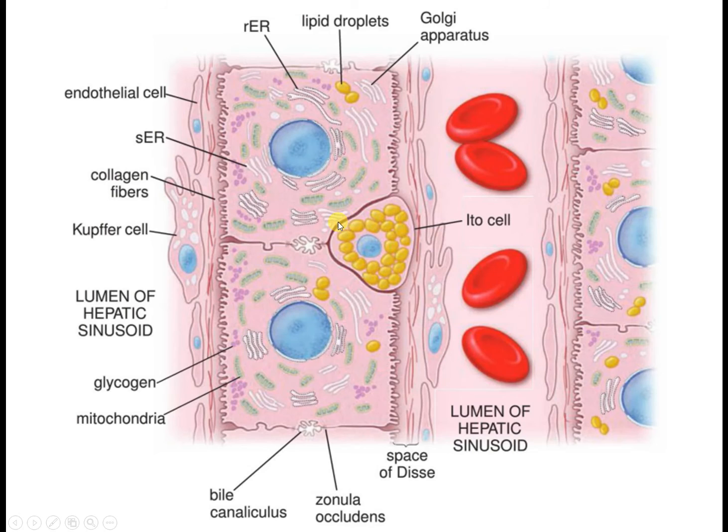The Ito cell is a mesenchymal cell, the same as fibroblasts, which mainly produce fibers. But here you see it becoming a fat fibroblast. I mean, these fibroblasts collect fat droplets, especially with vitamin A storage.